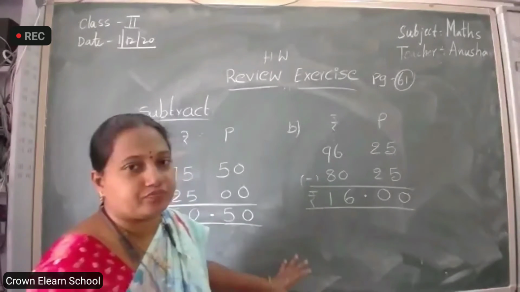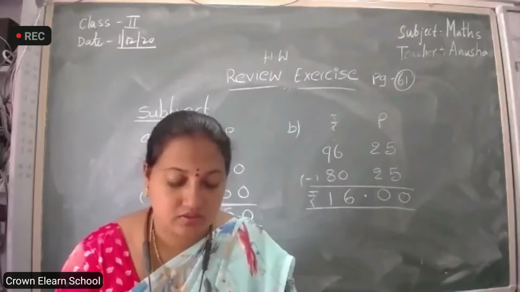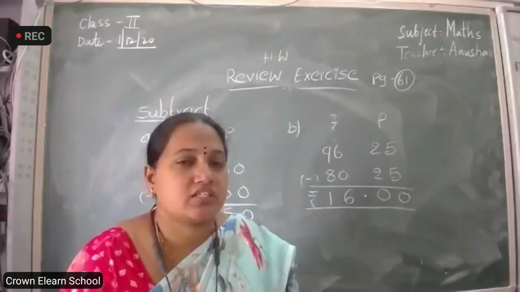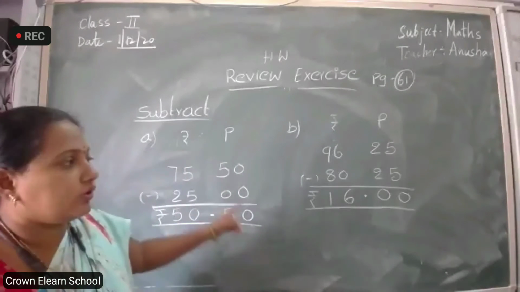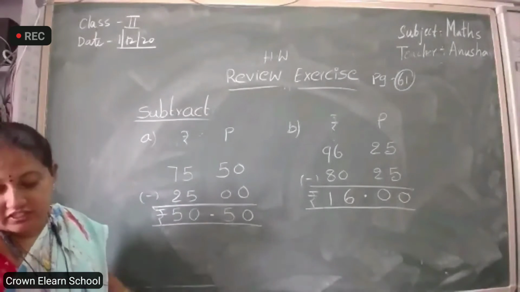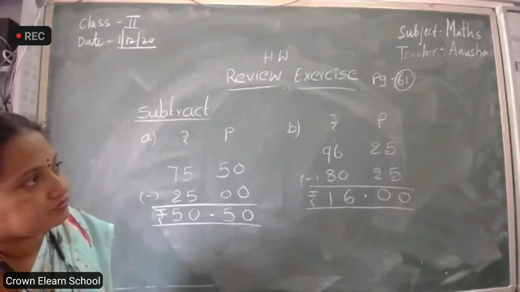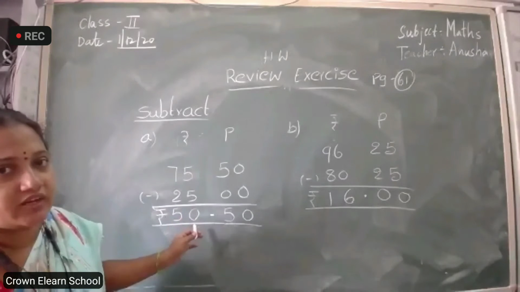Now, what is our next chapter? Third chapter, multiplication. So, who didn't do this homework? Just take a screenshot, later you copy this. Who didn't complete this homework?